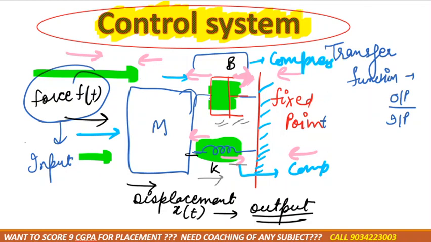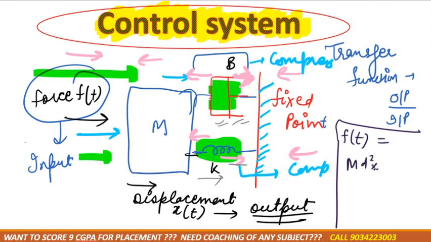So if I want to make the equation from here, then see, the equation is f of t is equal to m into d2x of t by dt square plus b dx of t by dt plus k x of t, right?